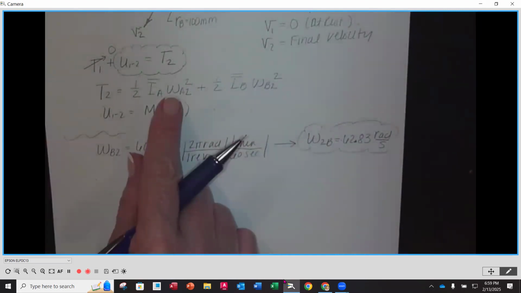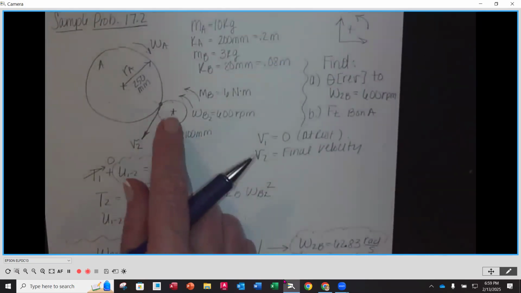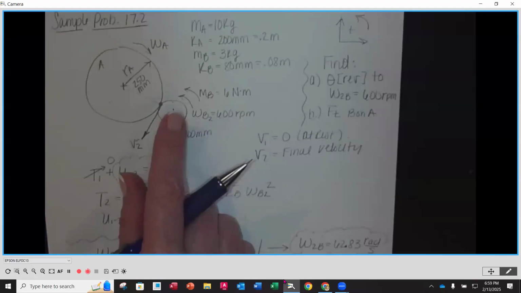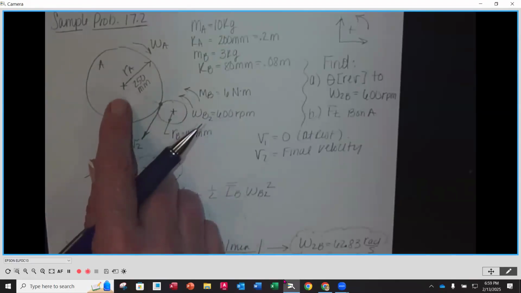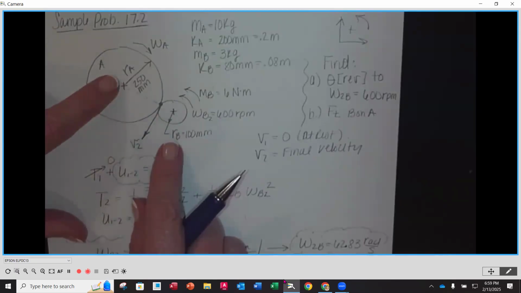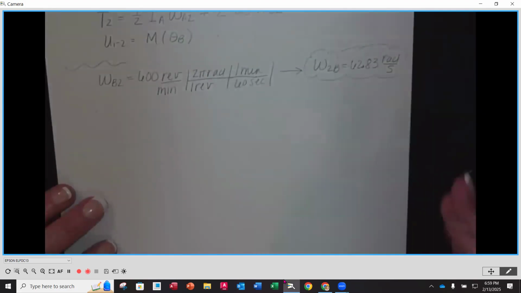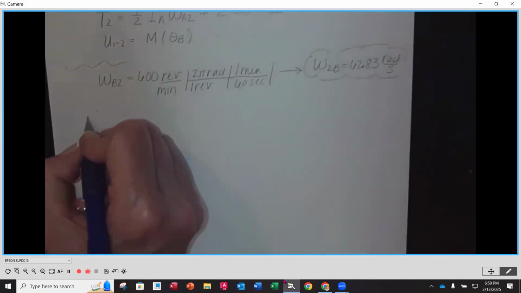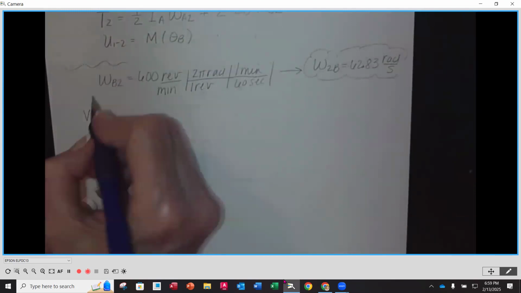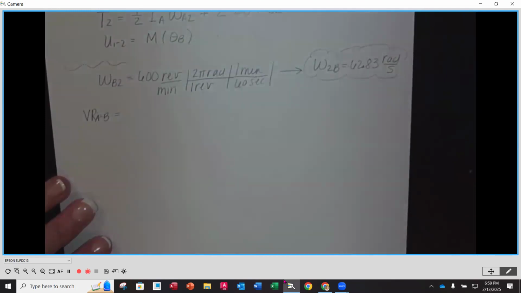But now I've got to figure out what my angular velocity of A is. Now we have 2 gears. We know the angular velocity in radians per second of B, and I've got to figure out this one. We're going to use the radiuses, the ratio. We're going to figure out the velocity ratio between A and B, and use that velocity ratio to find out what ω_A is.